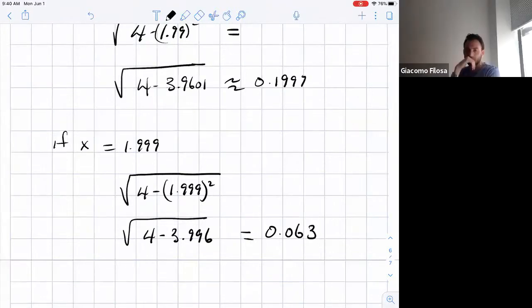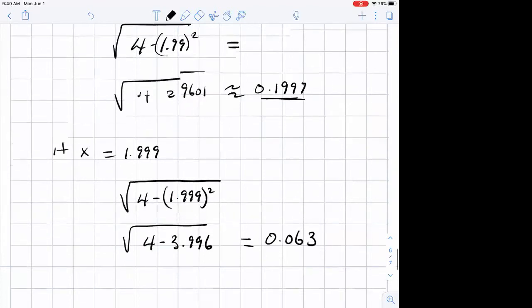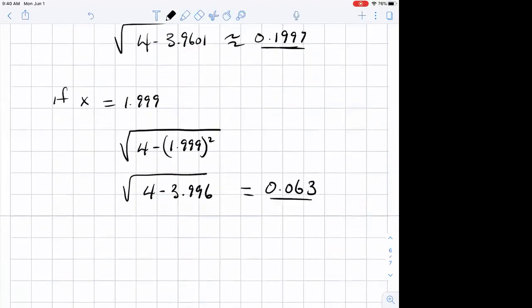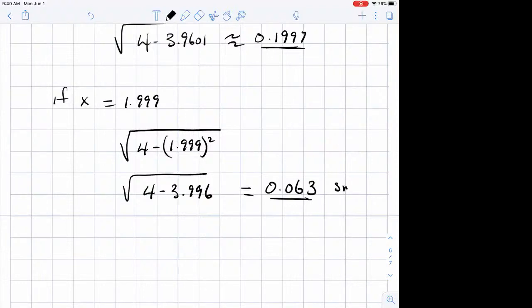So look, when you try 1.99, you get this value. When you try even closer, you're getting this value. Is the value getting bigger or smaller? Smaller.